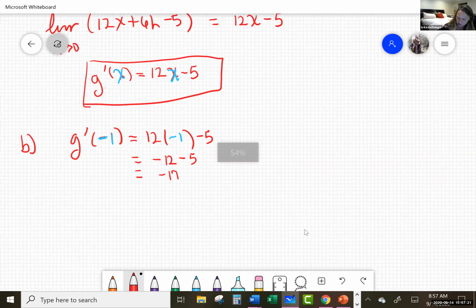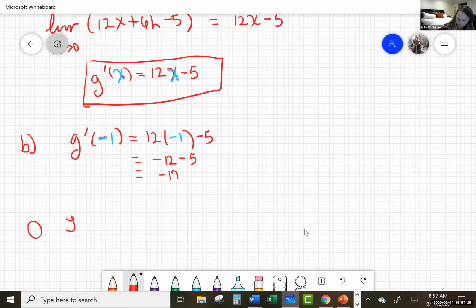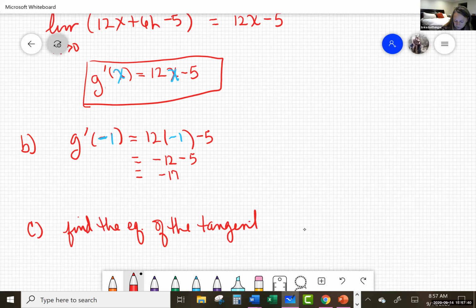So we can also graph that. So C, let's find the equation of a tangent line of g of x when x equals -1.